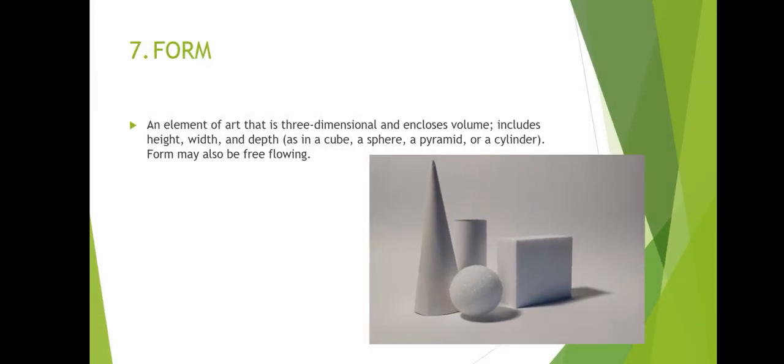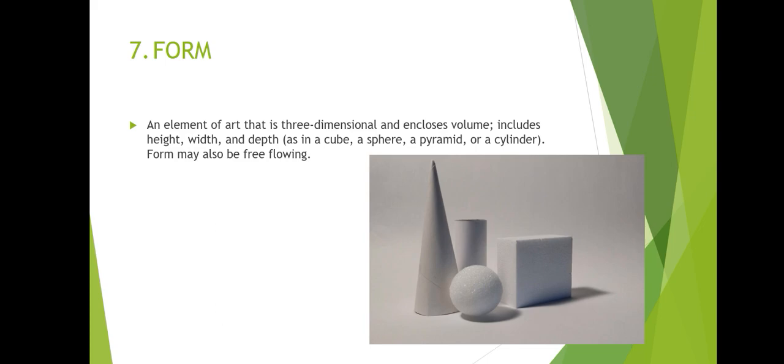Seventh is form. Form is a three-dimensional element that includes height, width, and depth. Compared to shape, which has only height and width, what's the difference? Form is three-dimensional.